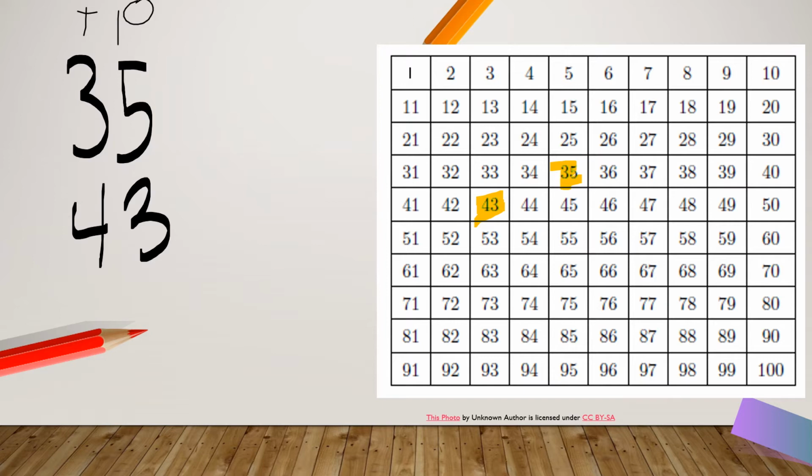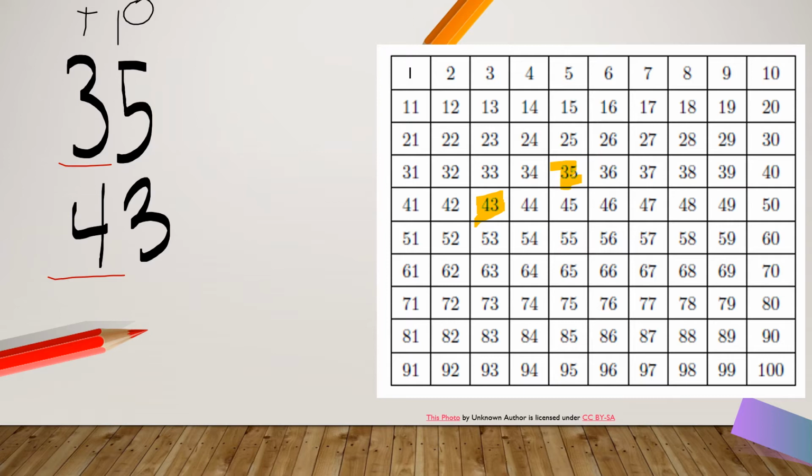Now that I wrote tens and ones, I know that my 3 is in the tens and my 4 is in the tens. So I'm going to be comparing both numbers, 3 and 4. I know that 3 is smaller than 4.